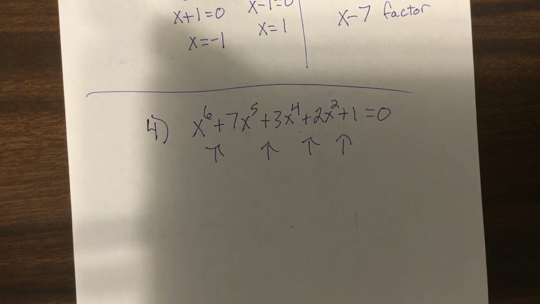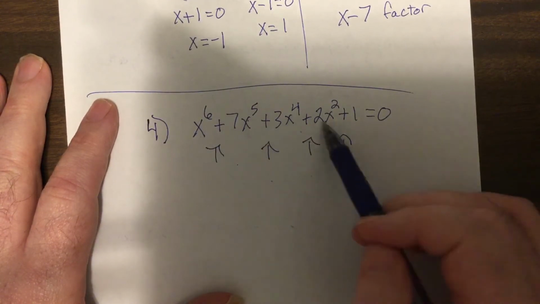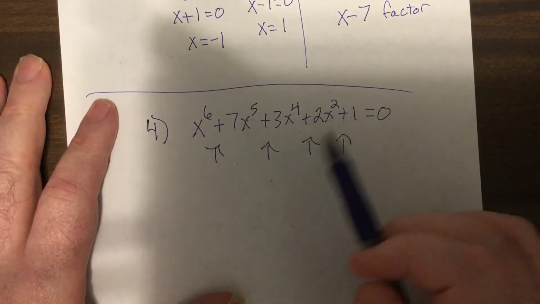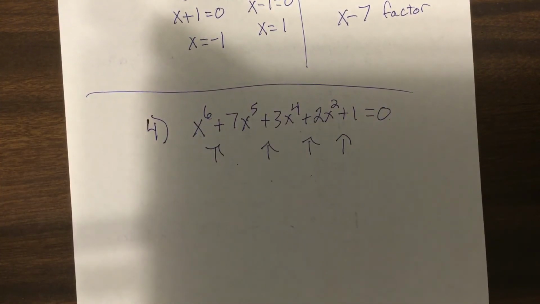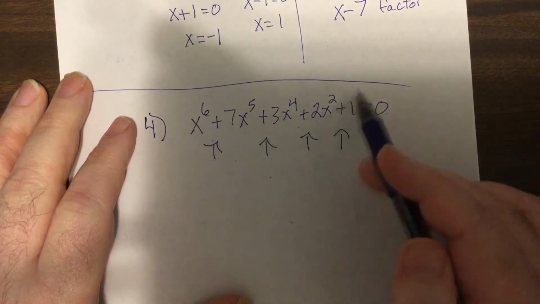No positive numbers could be answers, because if I put a positive number in, there's no way to get it back to 0. It just makes it bigger and bigger. You've got to have a minus in there somewhere. So if all the signs are addition, then you cannot have a positive answer.